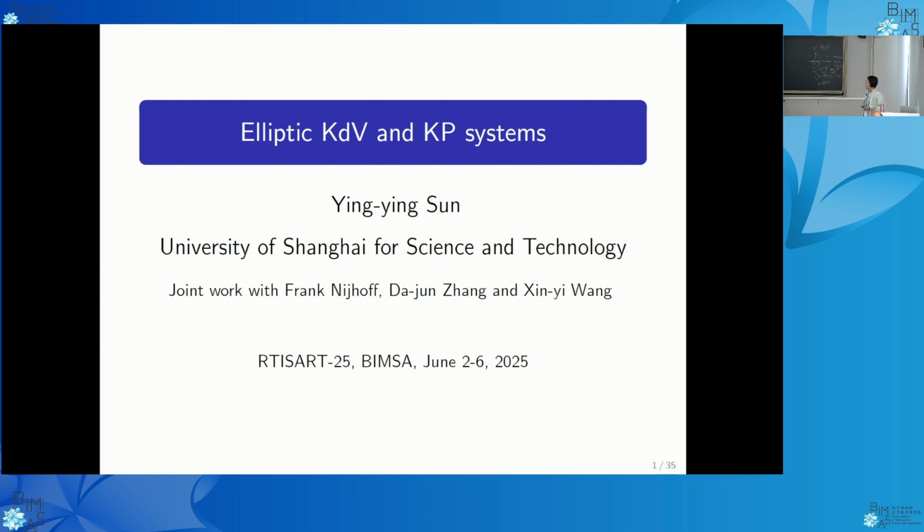This talk is based on joint work with Frank Nijhoff, Dajun Zhang, Xinyi Wang, mainly on elliptic KdV and KP systems, which belong to a class of partial differential or difference nonlinear equations related to elliptic curves, which we call elliptic integrable systems.